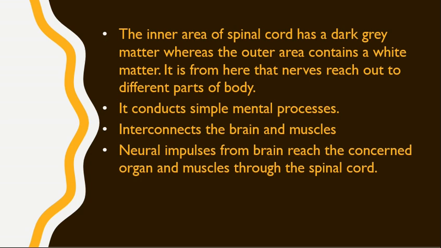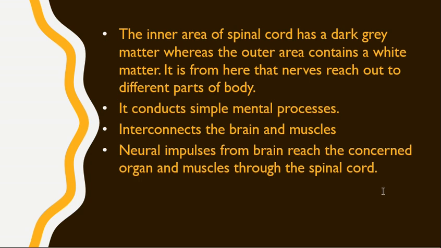The neural impulses from the brain reach the concerned organ and muscles through the spinal cord. If there is injury in the spinal cord, these neural impulses from the brain do not reach the organs or muscles, and there will be no functioning of the body. There may occur paralysis of the body.